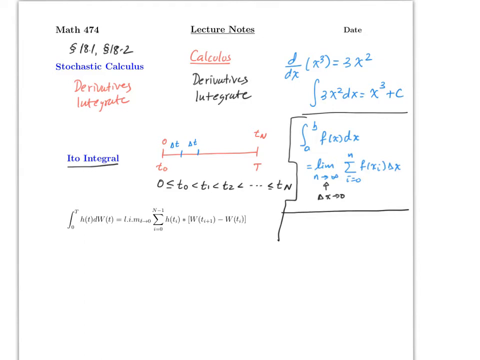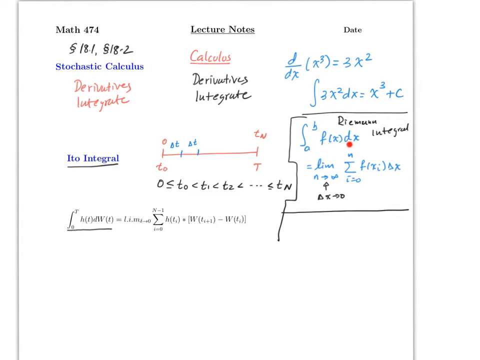Now, if you compare the Riemann integral with the Ito integral, which is this one right here, the first thing you should notice is that this function and this function could be the same type of function, which is a non-random function.